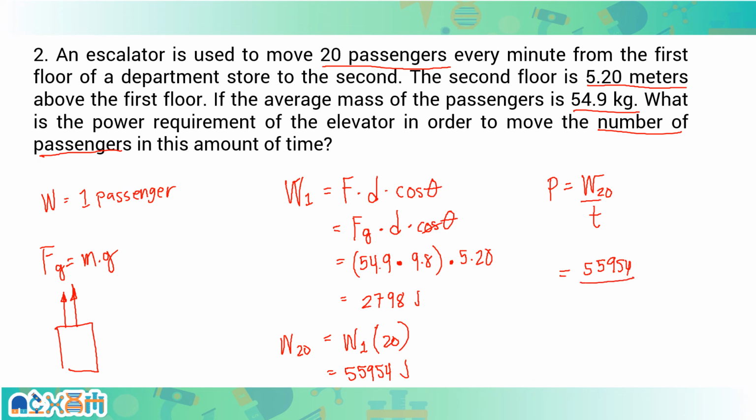That would be every minute. Okay, so every minute, that would be 1 minute. Our constant would be in seconds, so this should be in seconds also. That would be 60. So divide that in your calculator. That would give you about 933 watts.